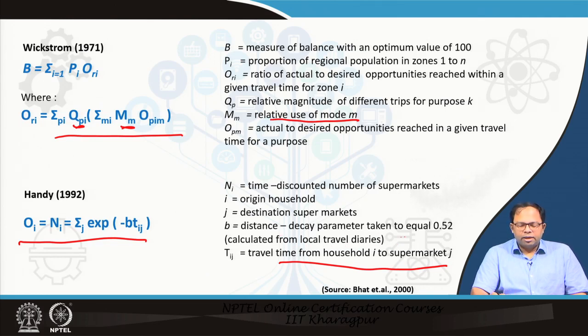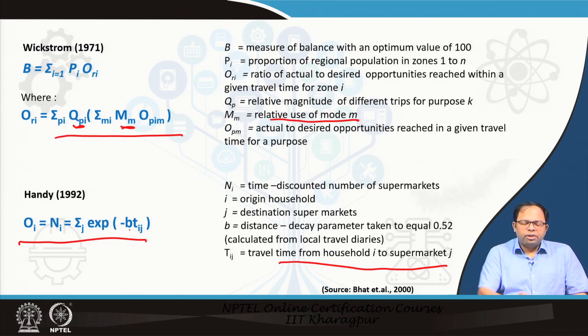This basically means that Tij is being weighted by a distance decay parameter so that its effect is different. If this was not for a supermarket but for something else, then I could have changed the b value as well.